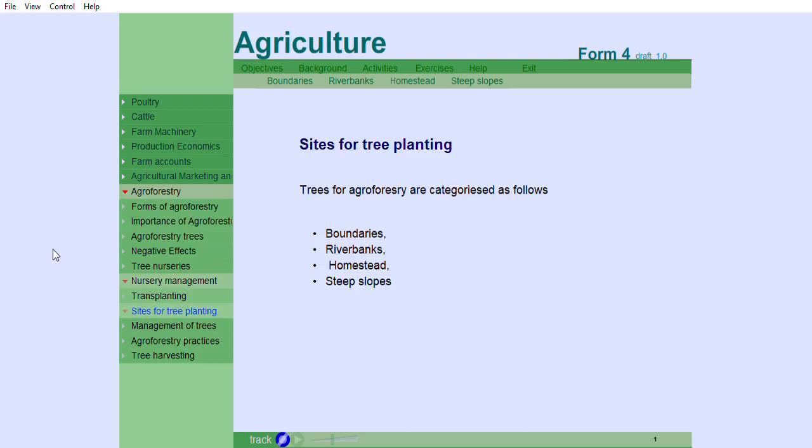Sites for agroforestry. The sites for tree planting are broadly categorized as follows. Boundaries. Trees should be drawn on firm boundaries to reduce conflicts. 2 rows of trees can be grown on each side of the boundary. Neighbors can also agree on ownership of every second tree or choosing different species.